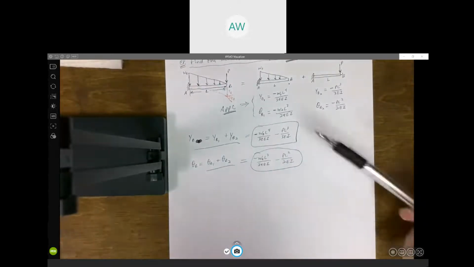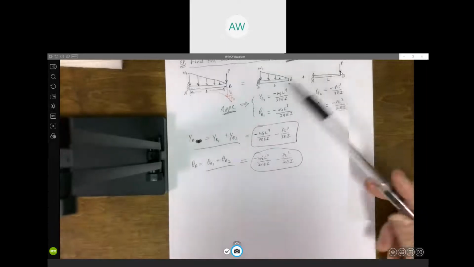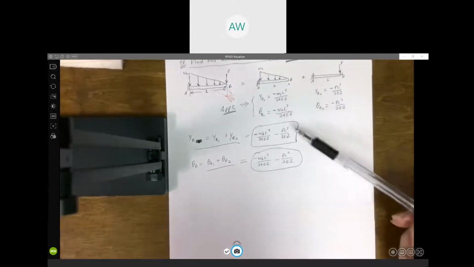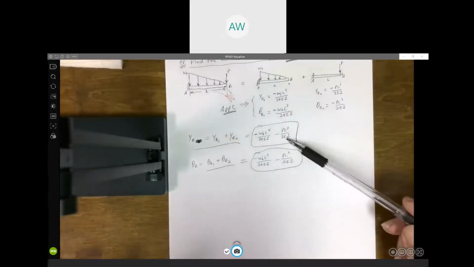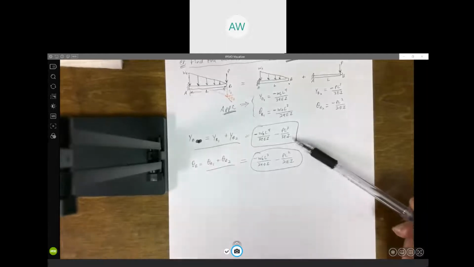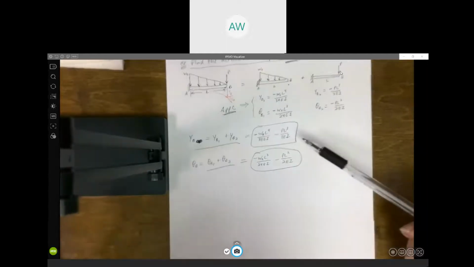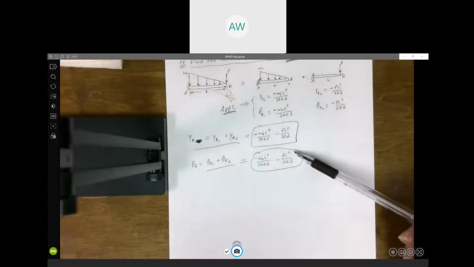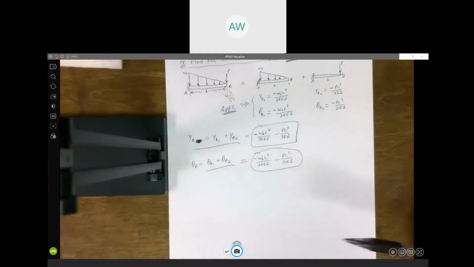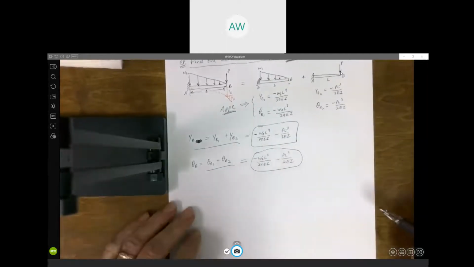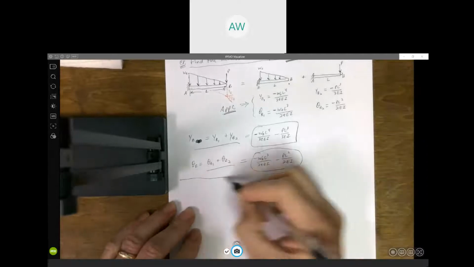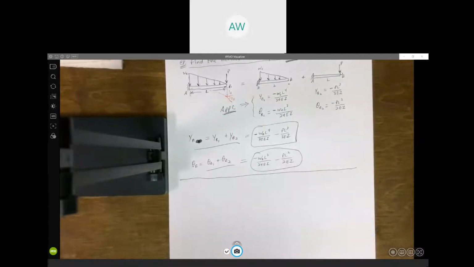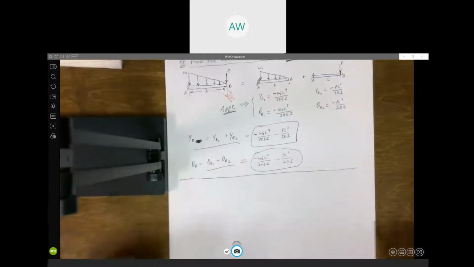So if we actually had numbers for the loadings and the dimensions and the material property and the cross section's moment of inertia, you just plug the numbers in and you actually get the deflection and slope at that end. All right, so I'm assuming y'all like this better than what we did yesterday.